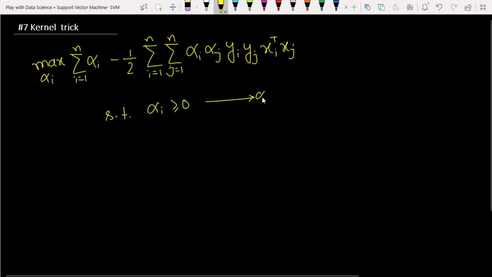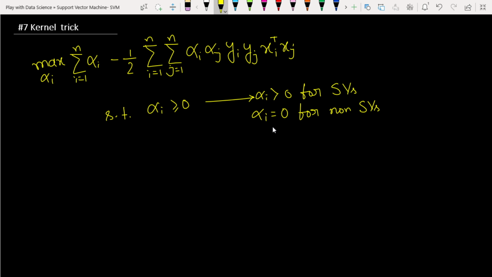Sorry, I think I made a mistake: alpha is greater than 0 for support vectors, and equal to 0 for non-support vectors. We found this in the previous lecture.